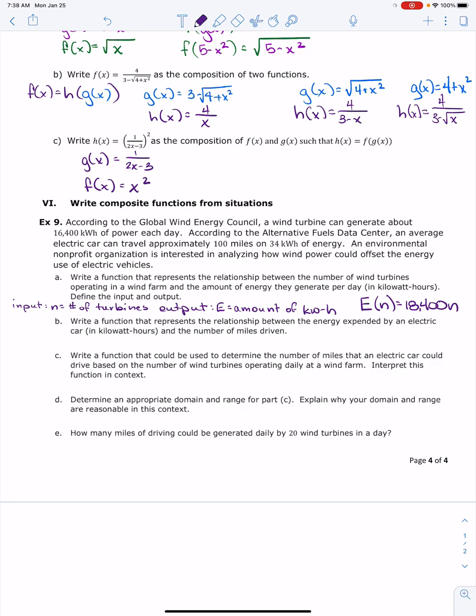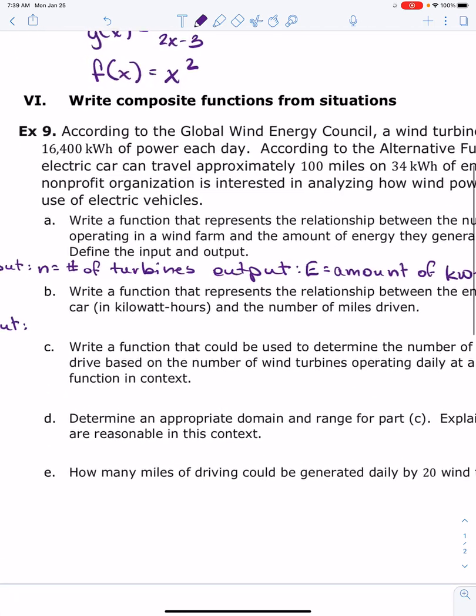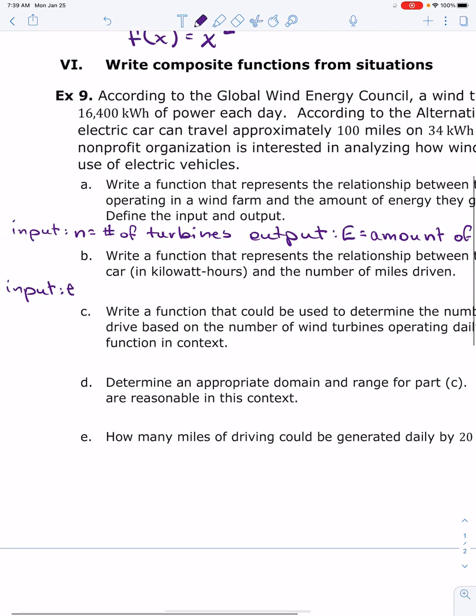B wants a function that represents the relationship between the energy expended by an electric car in kilowatt hours and the number of miles. So here, my input is going to be E, which is our kilowatt hours. My output is going to be M, miles driven.